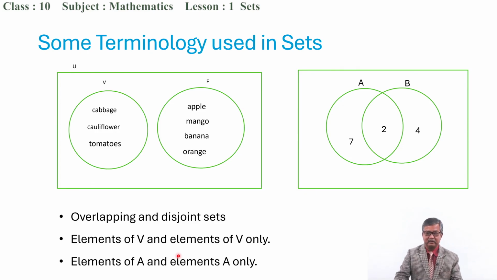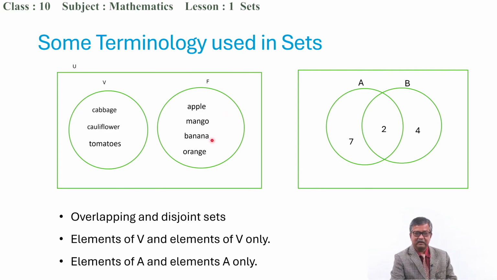So, are overlapping and disjoint clear? Overlapping means that if some part of one set and some part of another set overlap, then that is an overlapping set. Disjoint sets are the sets which are different.